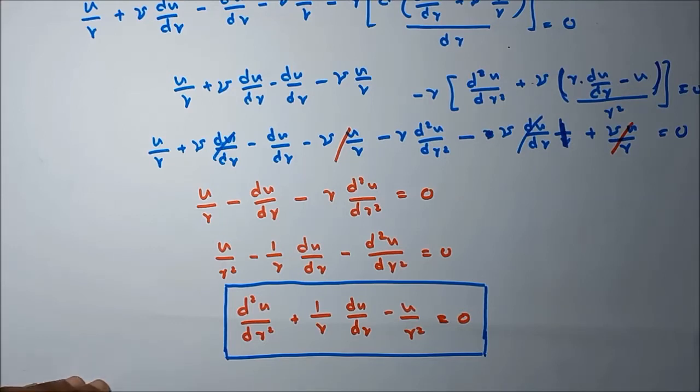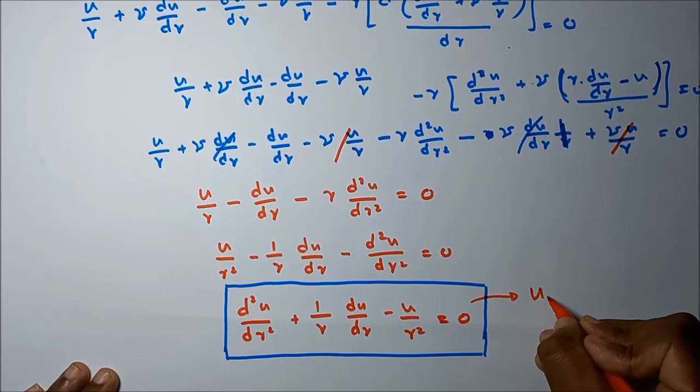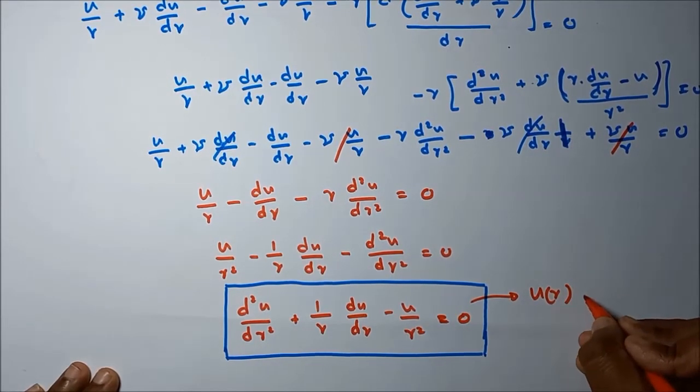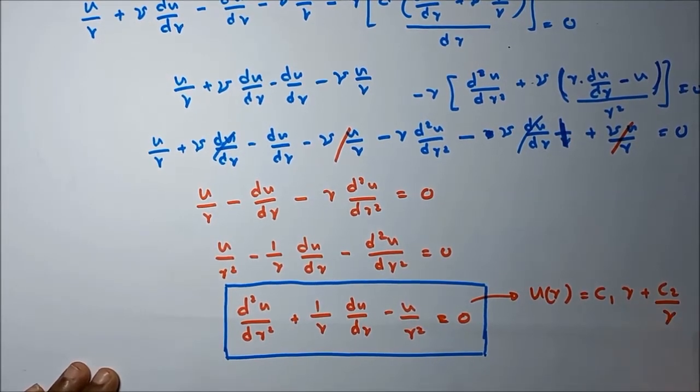Then the solution of this differential equation, in this kind of format, u of r is equal to c1 r plus c2 divided by r. That means this is the solution of this differential equation. That means we can satisfy this differential equation using this solution. Then this c1 and c2 are constants, have to determine considering the boundary conditions.